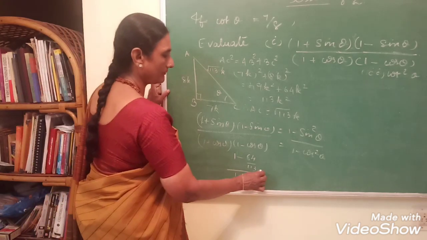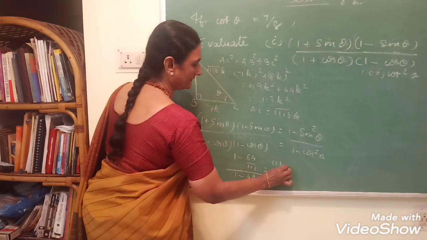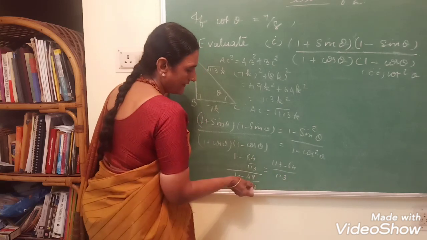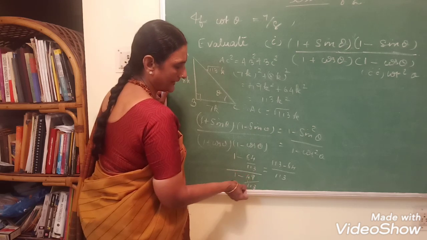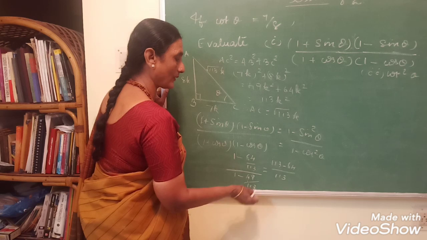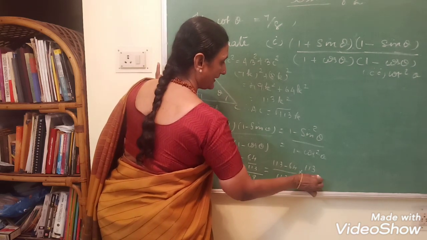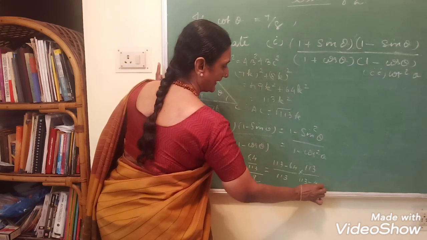Now if you take the common denominator, it is (113 minus 64) divided by 113, and here it is (113 minus 49) divided by 113. For the denominator, using the reciprocal law of division, that goes up, 113 divided by 113 minus 49.